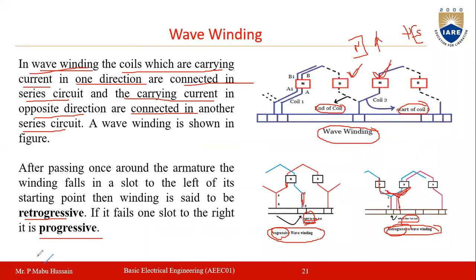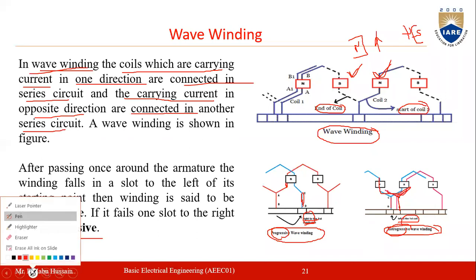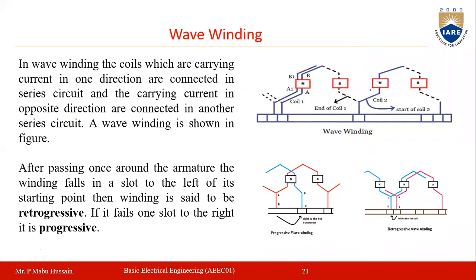3, 4, 5, 6. So between 3 and 5, 5 and 6, 3 and 6. See here, this end of the coil is under the north pole, and the start of the coil is under the north pole.